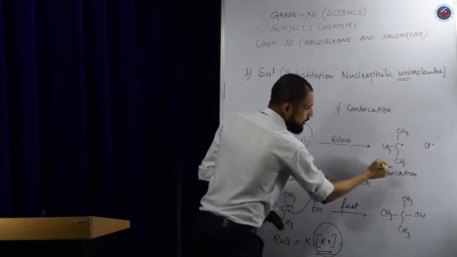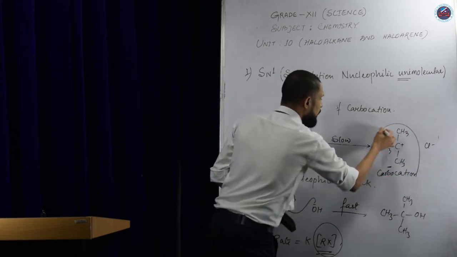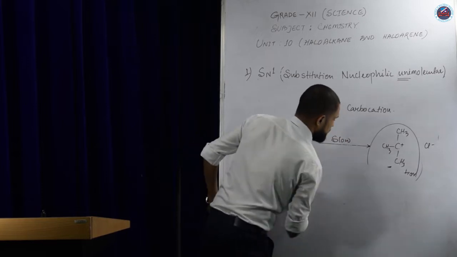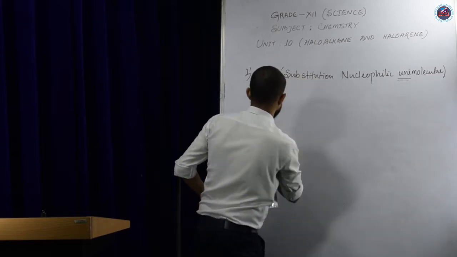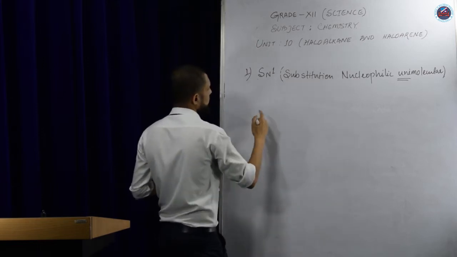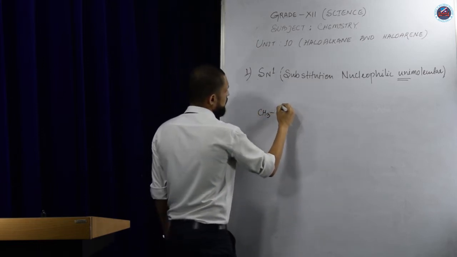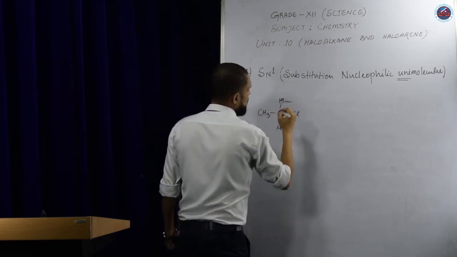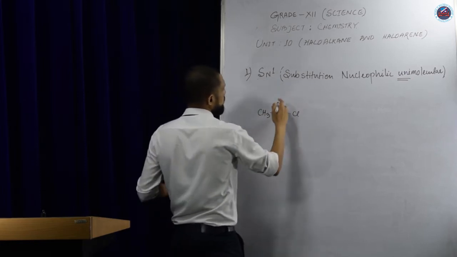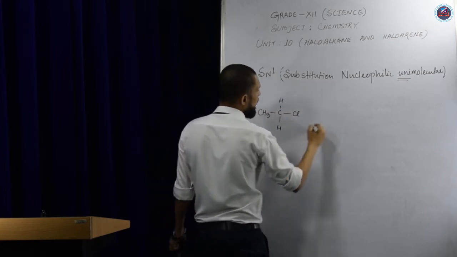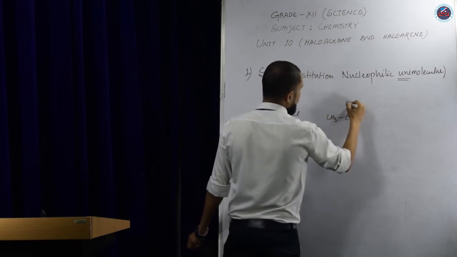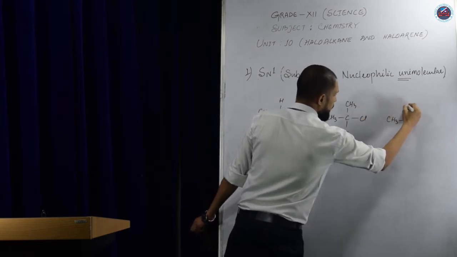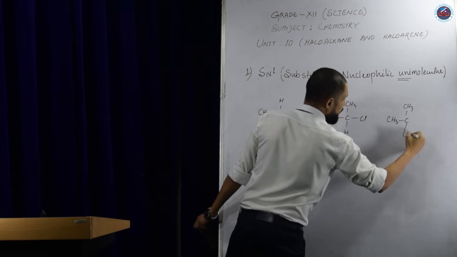Remember this point, SN1 involves formation of carbocation. So this is primary haloalkane, secondary haloalkane, and this is tertiary haloalkane.